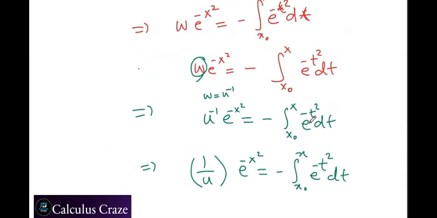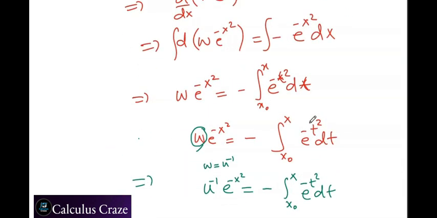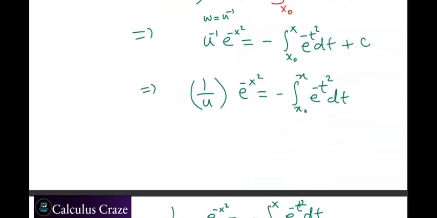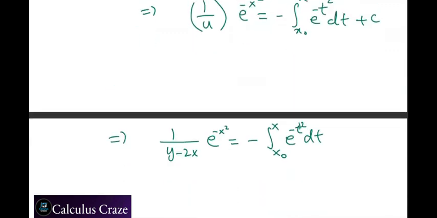While integrating, we forgot to put the constant c here, so this c must be here, because when we integrated on this side, we have integrated fully, so we need to have a constant plus c, right?